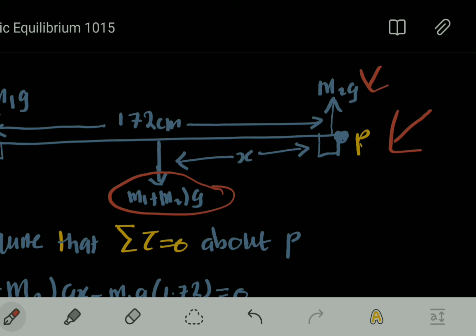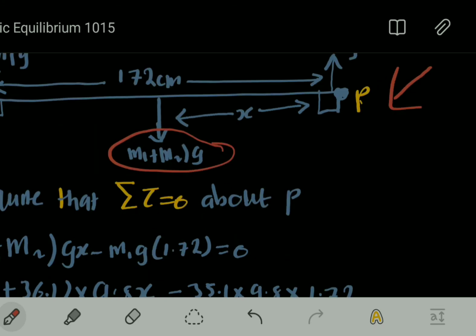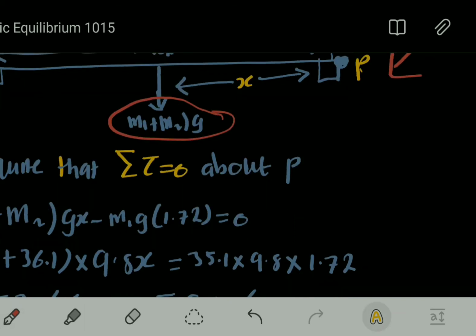This total mass is causing an anti-clockwise moment perpendicular to the distance x. Therefore, for this moment, we are going to have the combined masses times g times x, because the torque will be anti-clockwise.